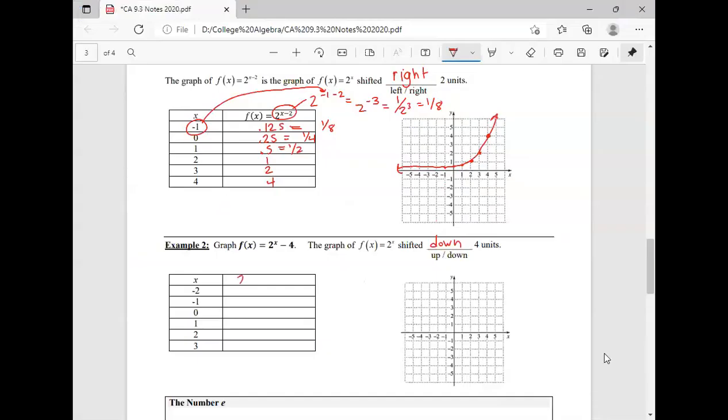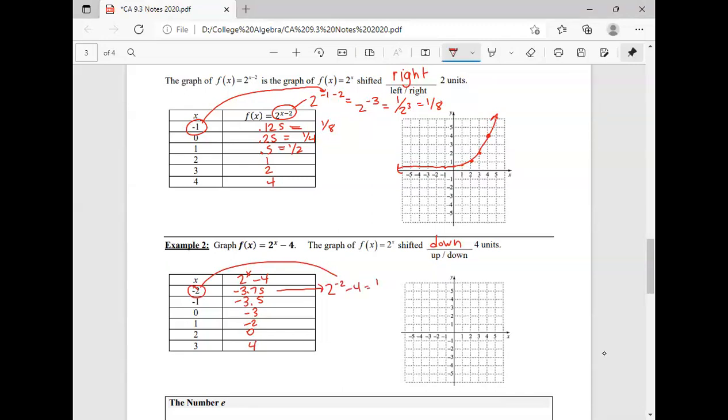So when we plug this into 2 to the x minus 4, we came up with -3.75, -3.5, -3, -2, 0, and 4. I just want to make sure that you know, to get this first one, what I did was say 2, and they're telling me to plug in -2 for my x, and then I would say -4.